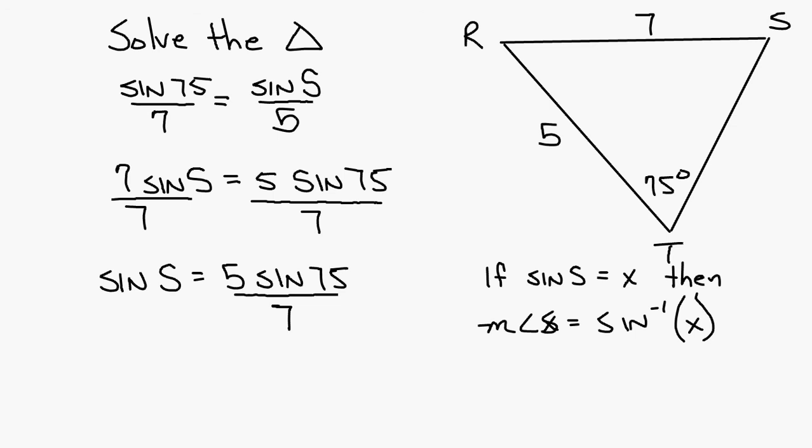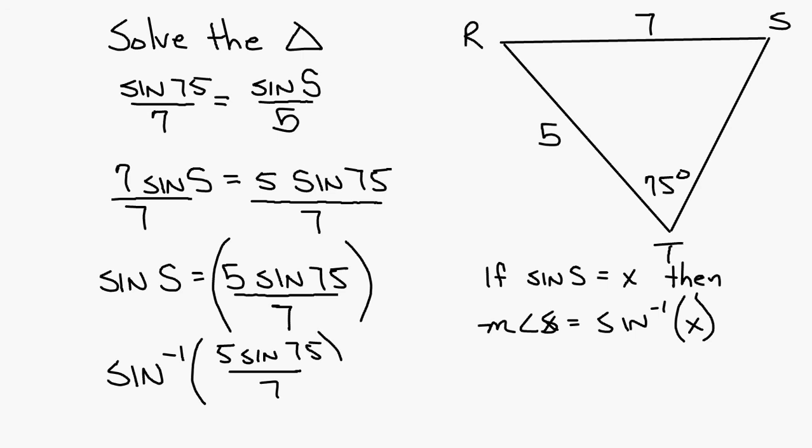You're trying to find angle S. So if you know the sine of S equals this, then doesn't sine -1 of this, 5 sine 75 over 7, equal the measure of that angle? Correct. You use the sine -1 to find the angle measure.